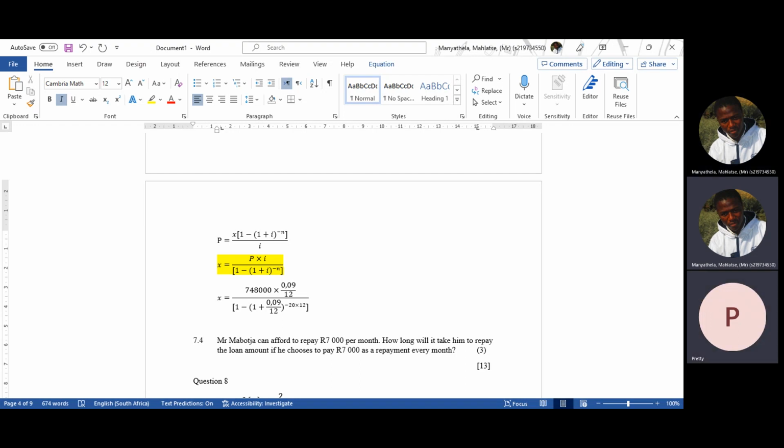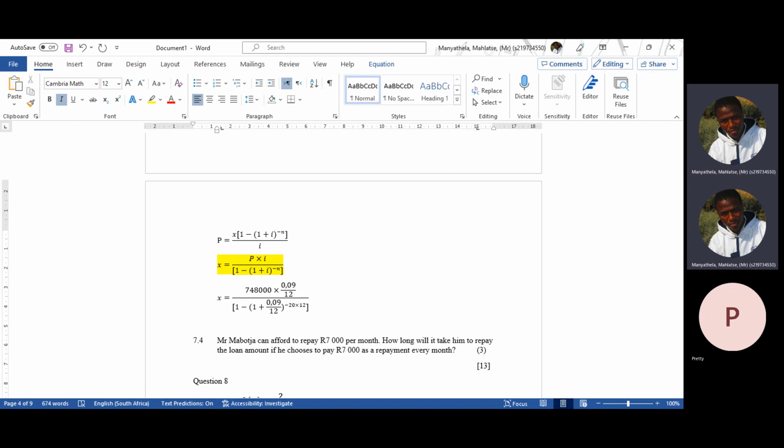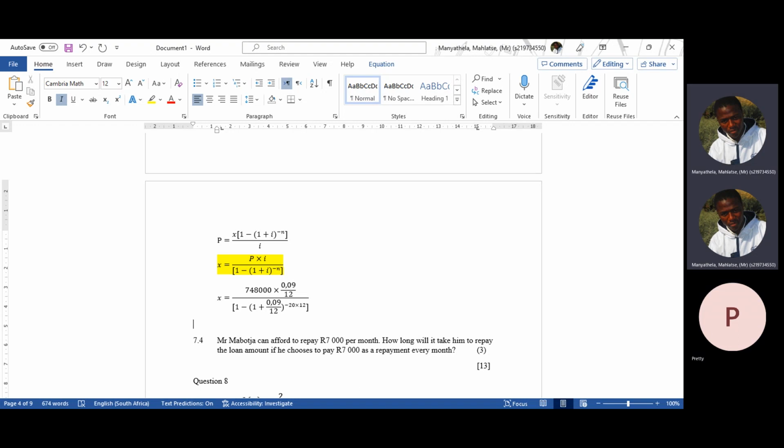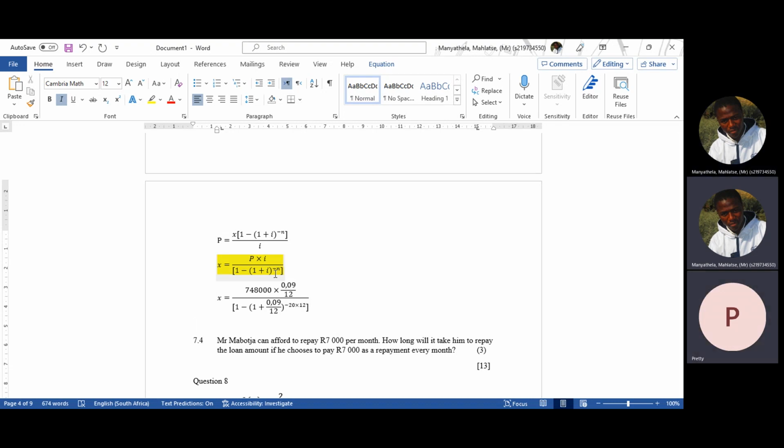Which one do I understand best? Okay, so do you want to know how we arrived at the formula? I do know it. No, I mean the one that we have highlighted. Oh, the one of X equals P multiplied by i.